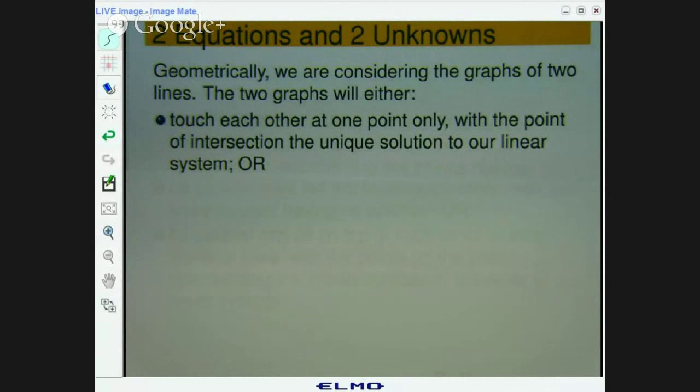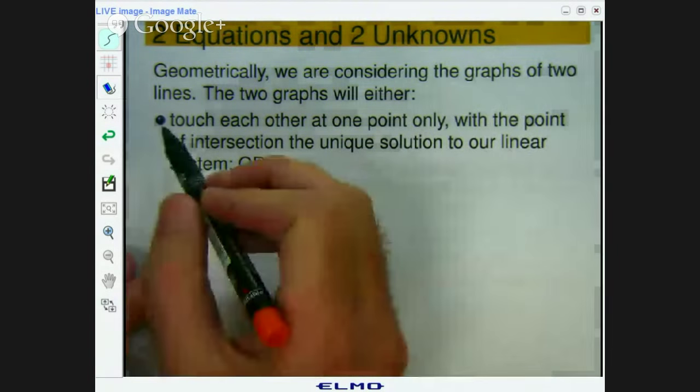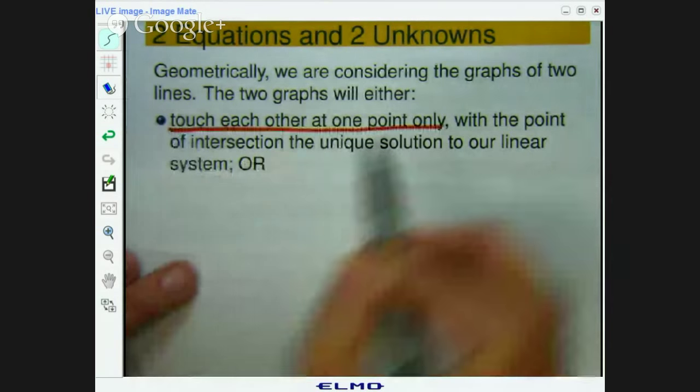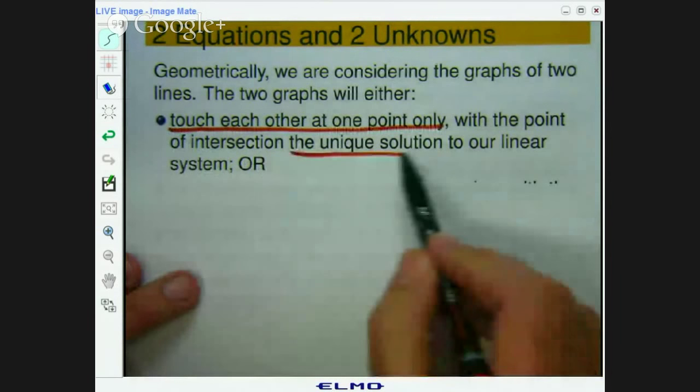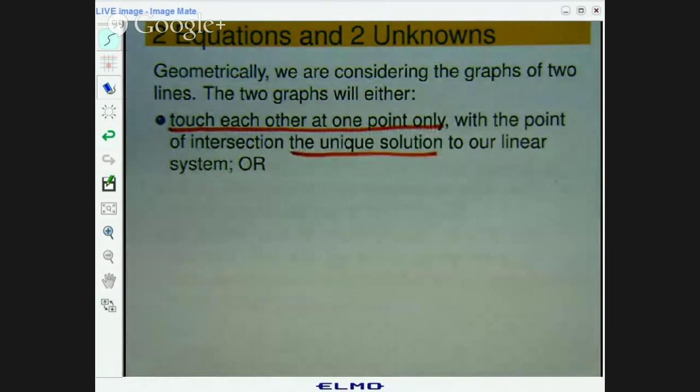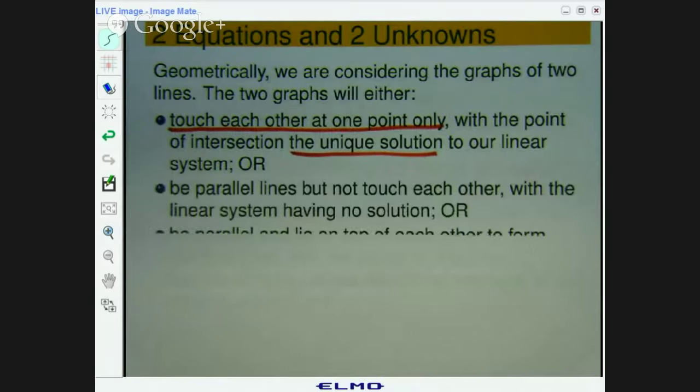For these two equations and two unknowns, that's what we're looking at. Now, two straight lines will either touch each other at one point only, and the point of intersection will be the unique solution, the one and only one solution to the linear system.